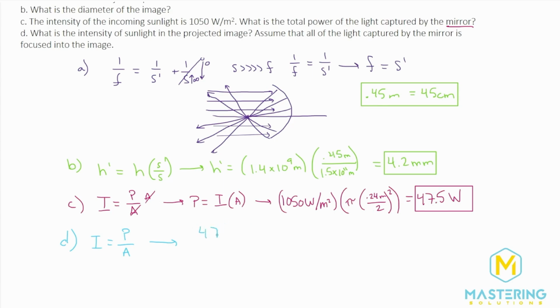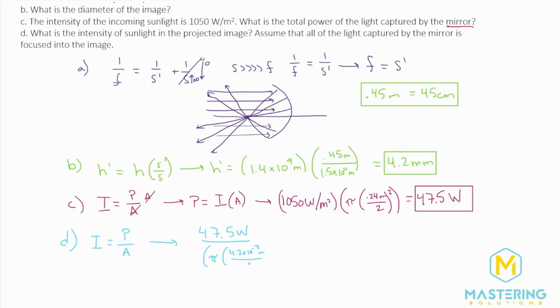So we have 47.5 watts, and that's going to be divided by the area of our image. And so same thing, pi r squared, so pi times the radius, and the radius that we found is going to be half of this value here. So we have 4.2 times 10 to the negative 3 meters.